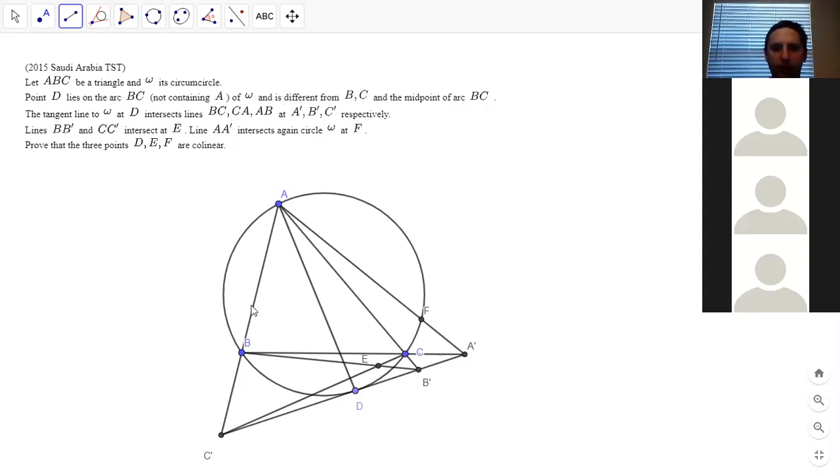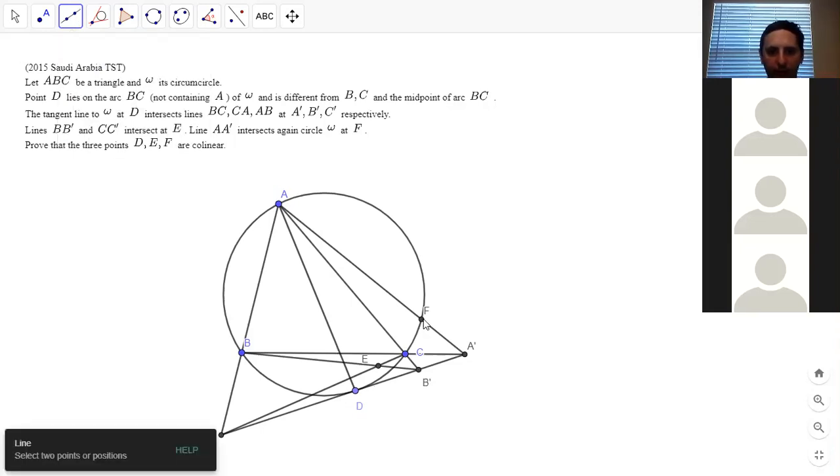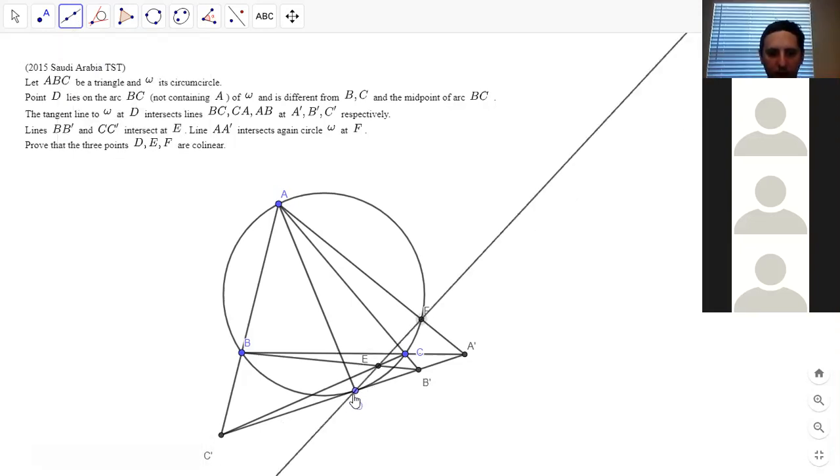Or what I could do is take A, B, D, F and project through point D, so onto line AB.